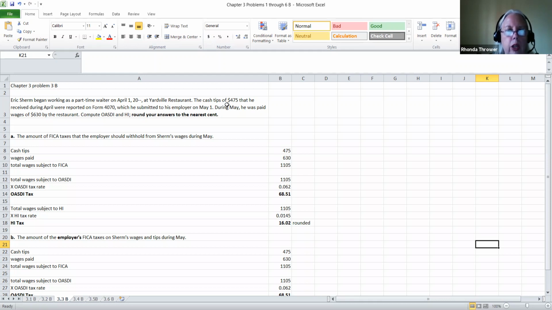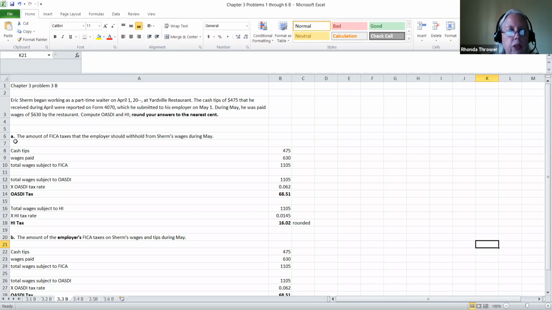The cash tips were $475 that he received during April and were reported on Form 4070, which he submitted to his employer on May the 1st. During May, he was paid wages of $630 by the restaurant. They want you to compute the OASDI and HI taxes, round to the nearest cent.